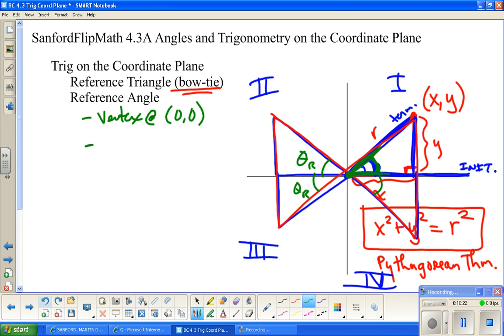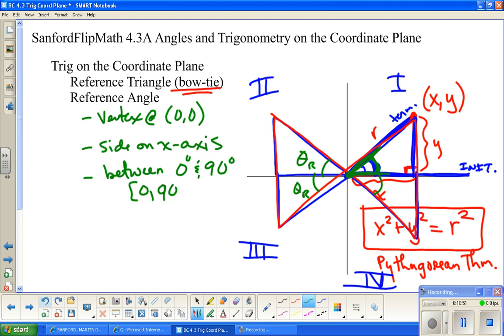It always has a side on the x-axis, and it's always between 0 and 90 if we're in degrees. In other words, between 0 and 90, or if we are in radians, between 0 and pi over 2. That's for a reference angle.